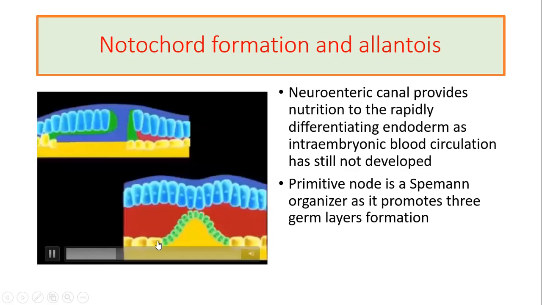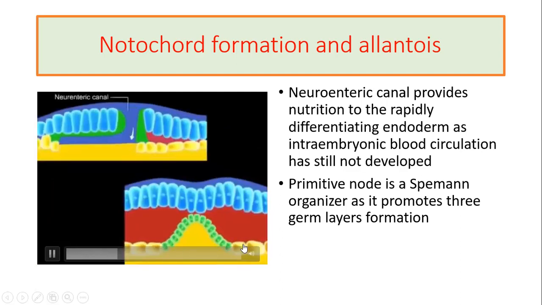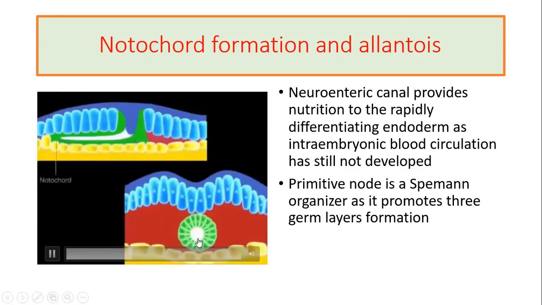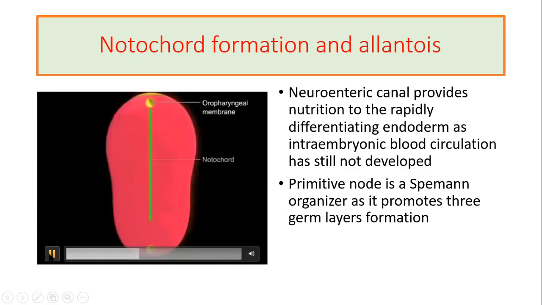This has incorporated with the underlying endoderm, it will again roll upon itself. Here is the neurenteric canal. This is the notochordal plate. It will fold upon itself and get detached from the underlying endoderm. Now it will form a solid notochordal process. So finally, a notochord has been formed in the cranial region.